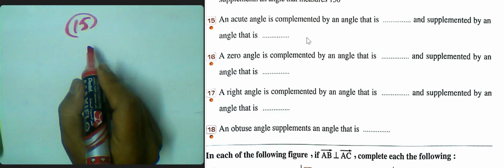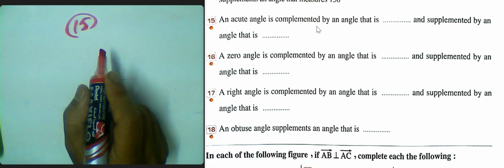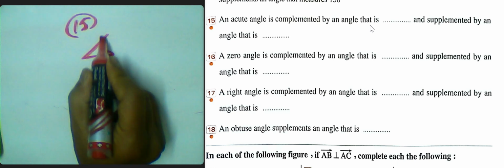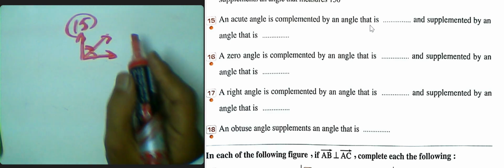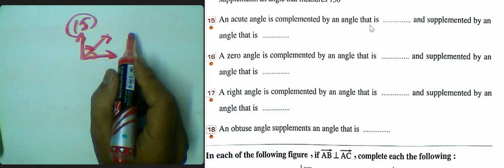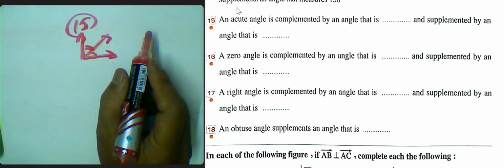Question number 15. An acute angle complemented by an angle of what? An acute angle such that complemented by an acute angle, because 30 plus 60 equals 90. Then an acute angle's complement is an acute angle.